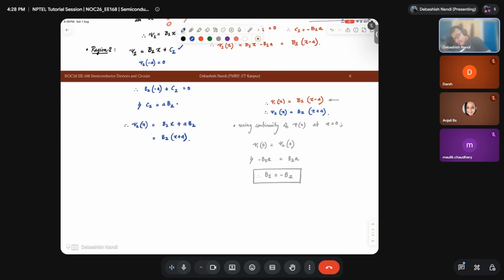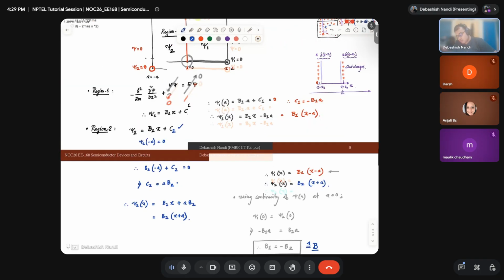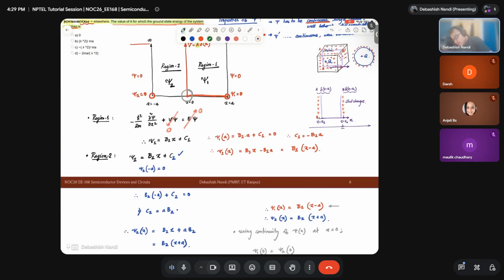So these two conditions now I have. So let's assume this to be some quantity b, just for the simplification of our calculation. Fine. Now what do we want to solve? We want to solve the Schrodinger equation across this border. That means x equal to 0 minus to x equal to 0 plus, transitioning through x equal to 0.